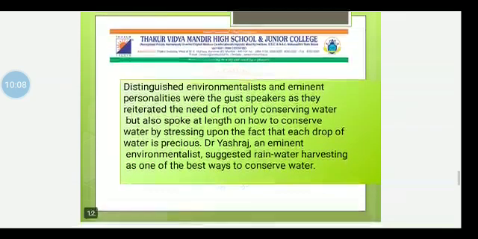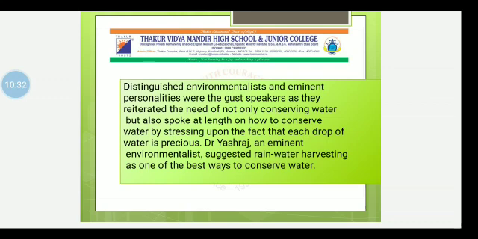Imperative means necessary. Distinguished environmentalists and eminent personalities were the guest speakers as they reiterated the need for not only conserving water but also spoke at length on how to conserve water by stressing upon the fact that each drop of water is precious.